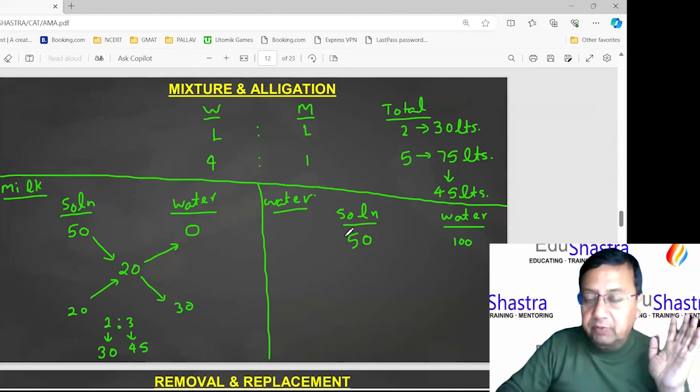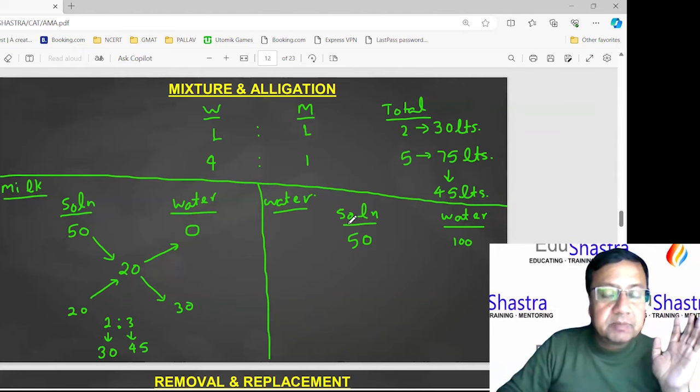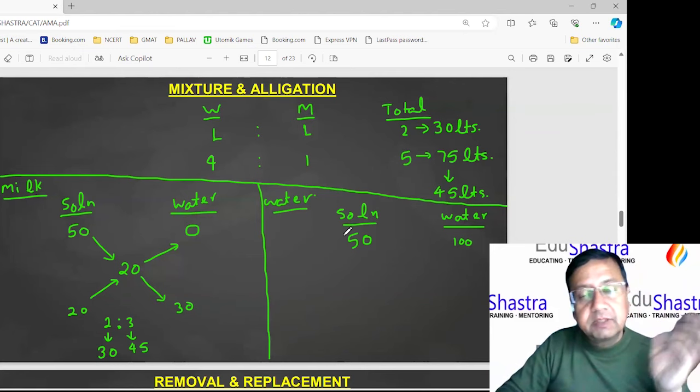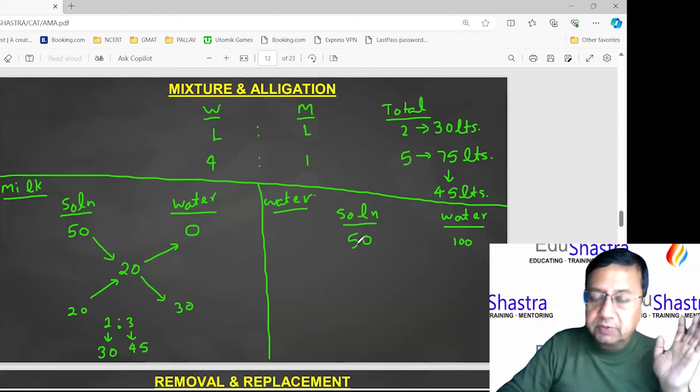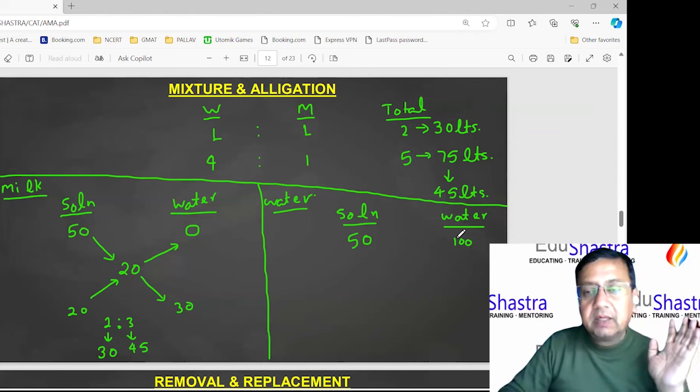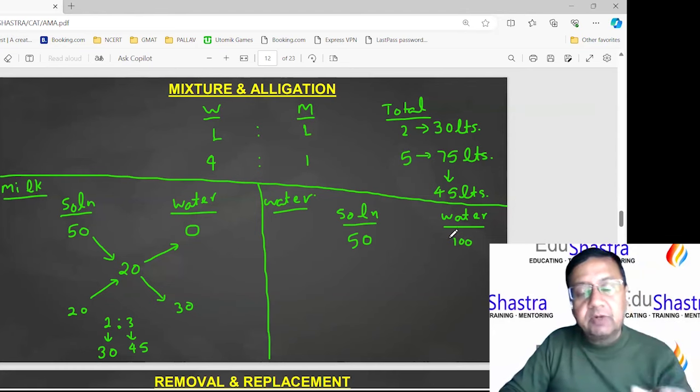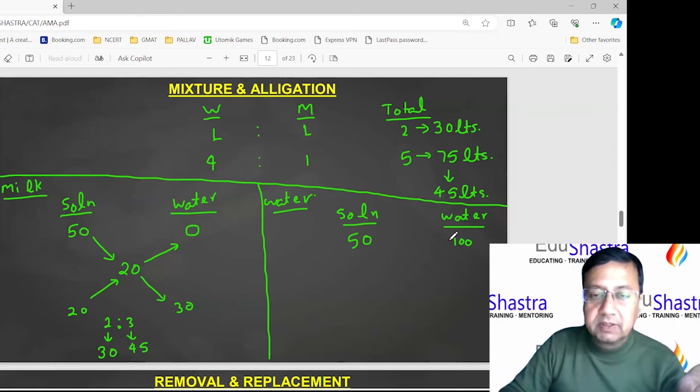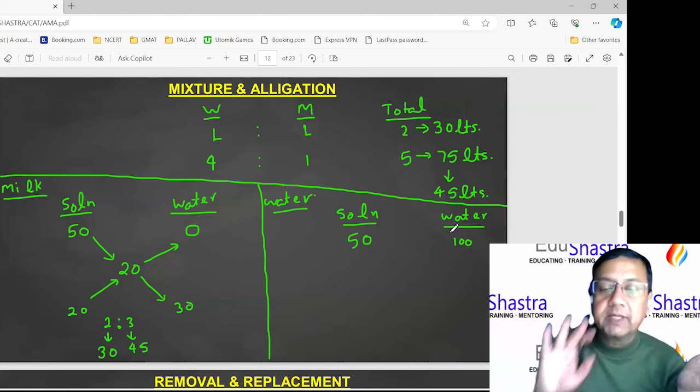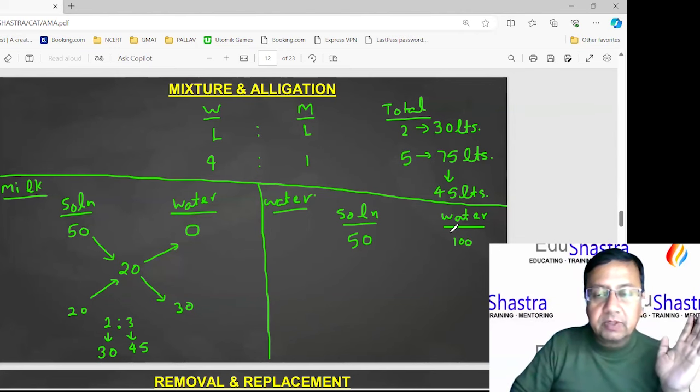So if I take water as a base, in a solution, if I say 50% is milk, I can say 50% is water. So in a solution, how much is water? 50%. Okay? In water, how much is water? 100%. The water we are mixing, how much is water? 100%.